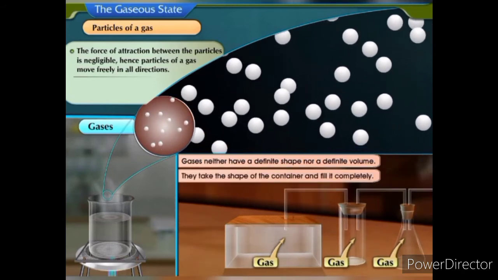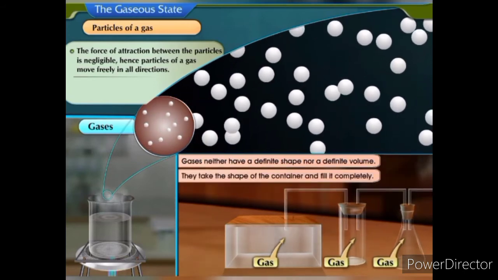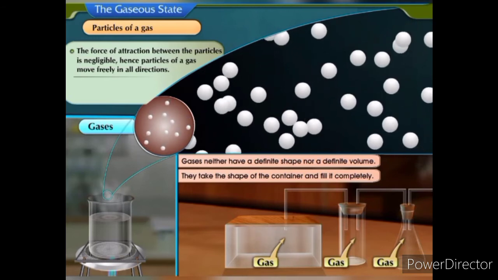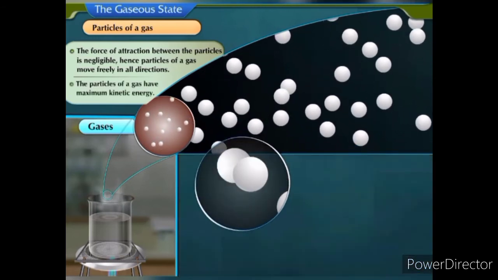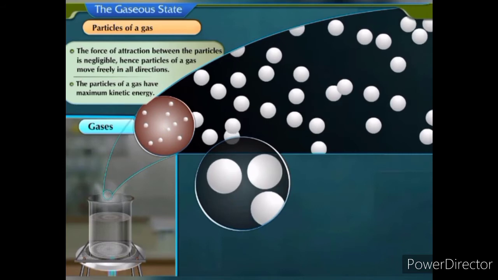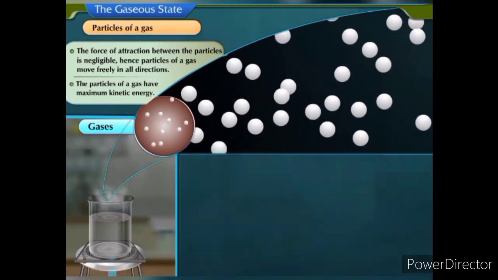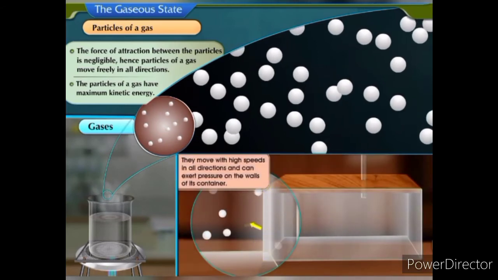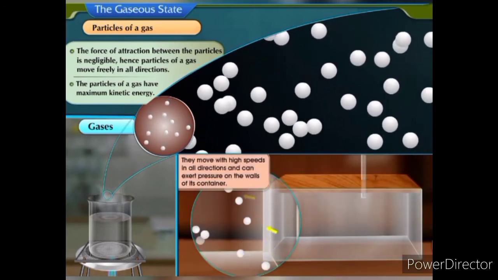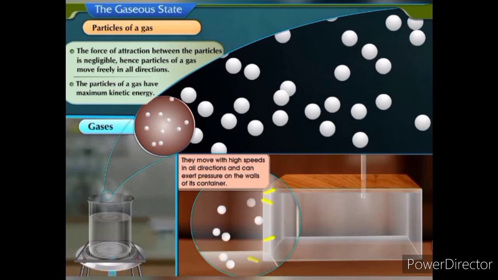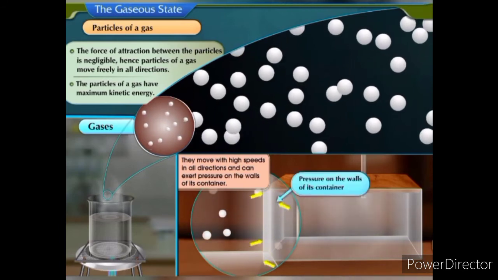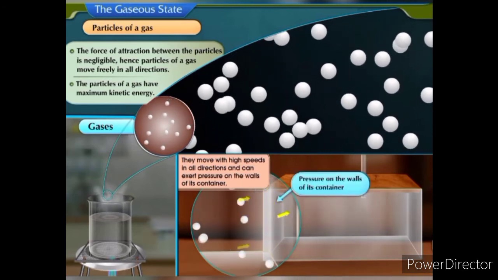They take the shape of the container and fill it completely. The particles of a gas have maximum kinetic energy. They move with high speeds in all directions and can exert pressure on the walls of its container.